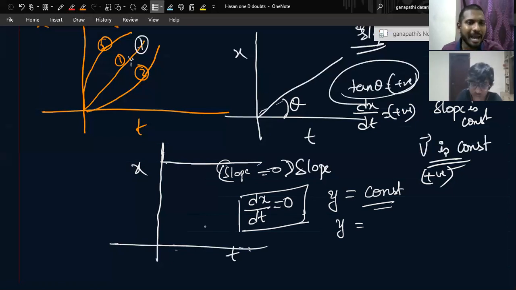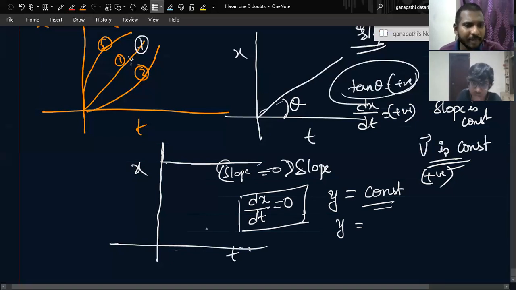The slope of a line parallel to the y-axis is infinite. So here the x coordinate is not changing with time. That means dx by dt is 0. There is no change of x with respect to time, so the slope is 0.